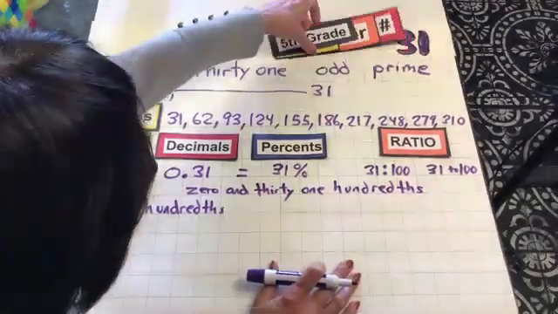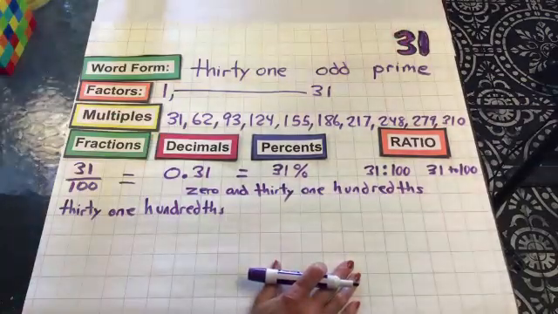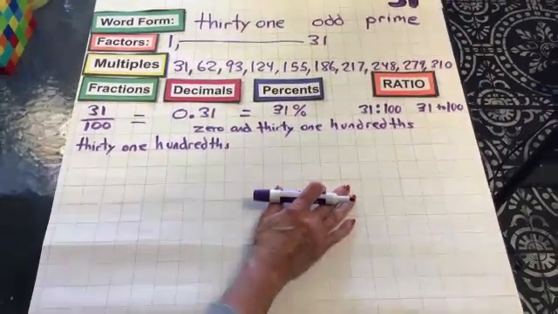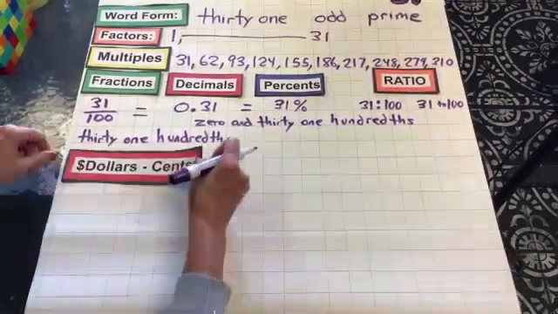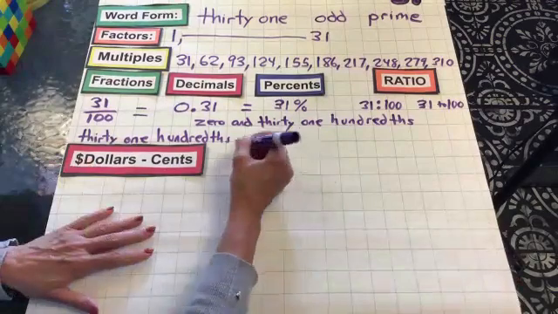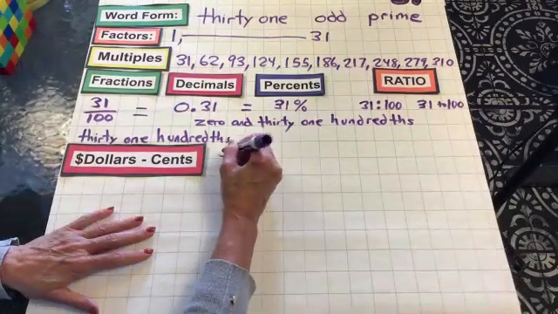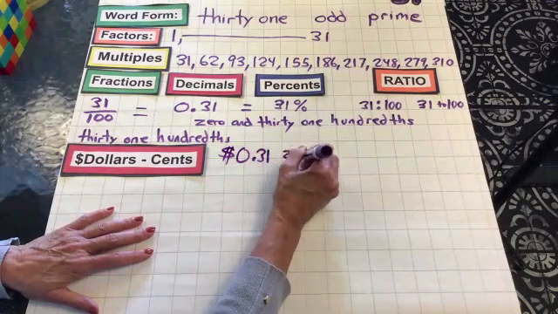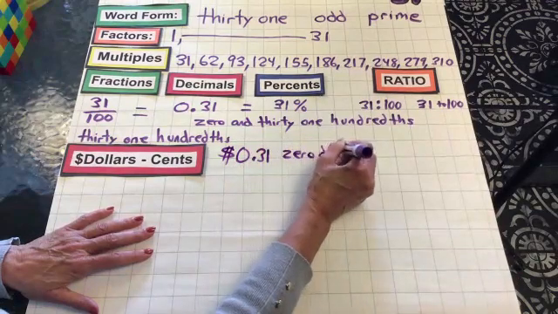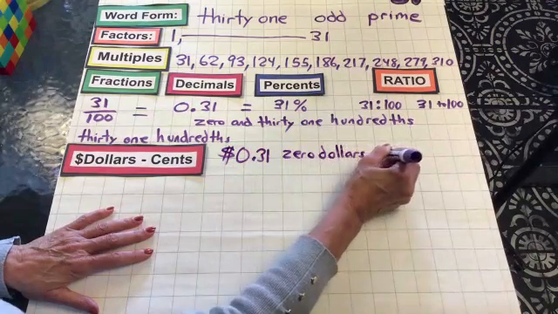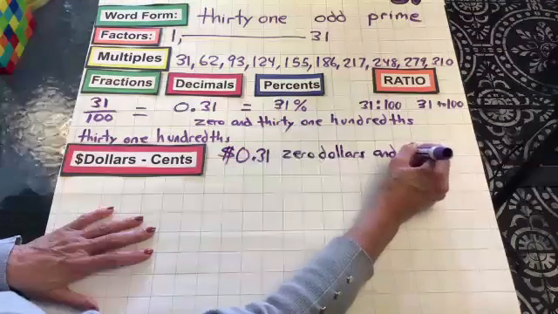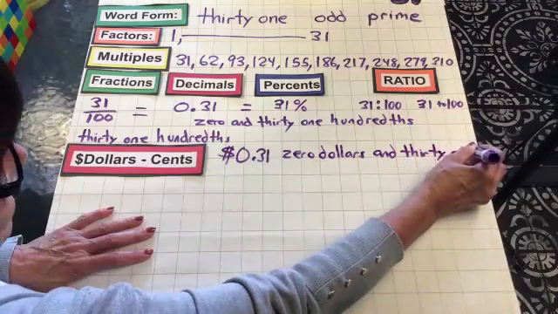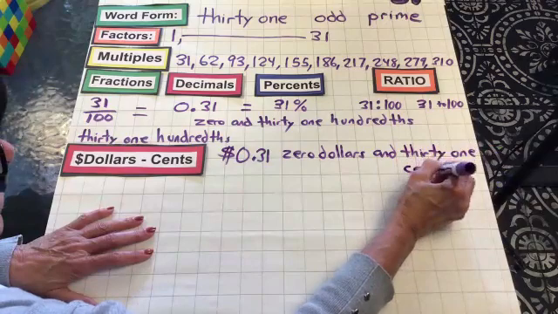Remember, move your paper or turn it over, whatever you need to do, always take care of it. Let's go for our dollars and cents. So we'll write it with our dollar symbol, 0 and 31 cents. So that would be $0.31, 31 cents.